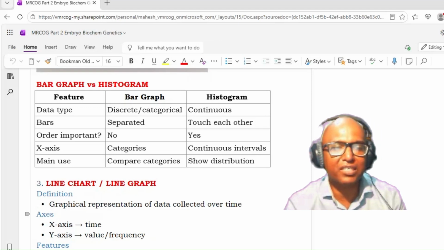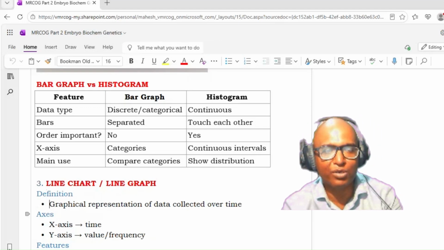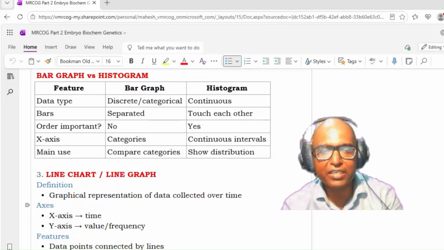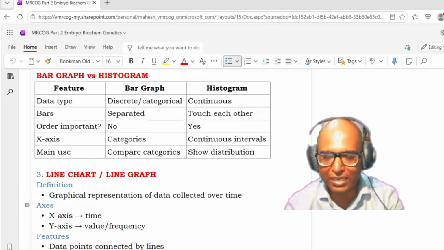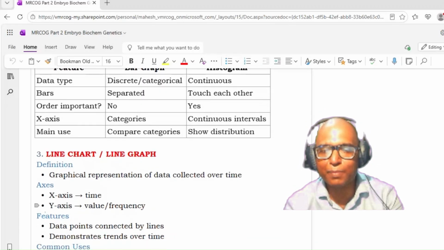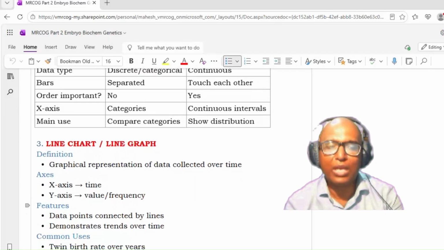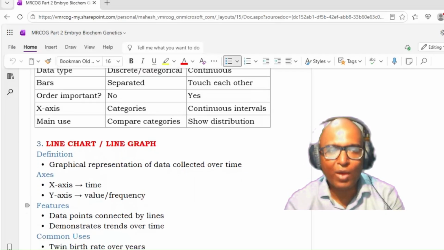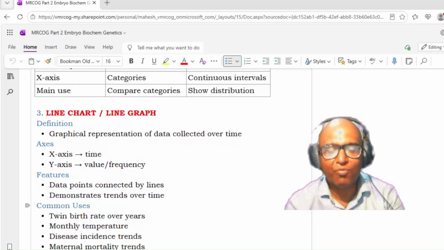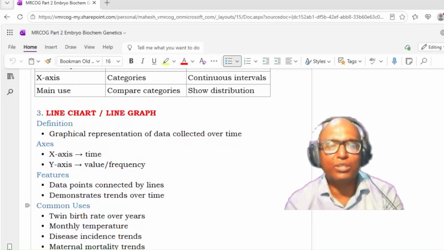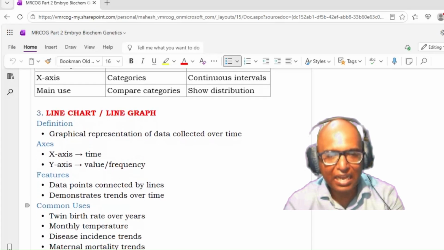The third type of presentation is a line chart or line graph. It is the graphical representation of data collected over time. Most of the time your data is collected with respect to time. So the x-axis will have the time, and the y-axis will have the value or the frequency. Data points are connected by lines and demonstrate trends over a period of time.